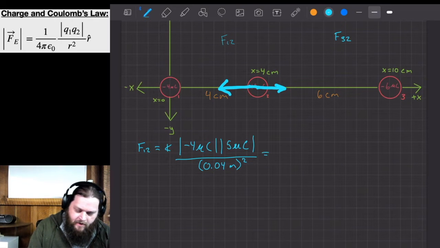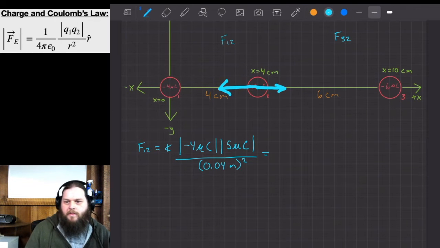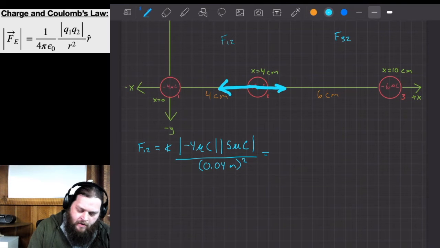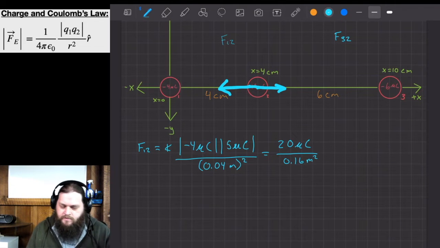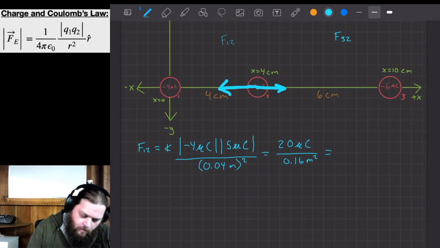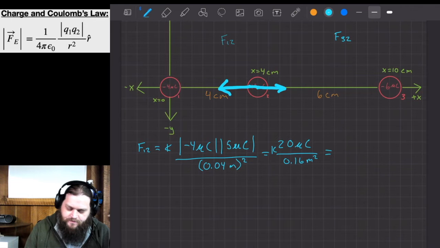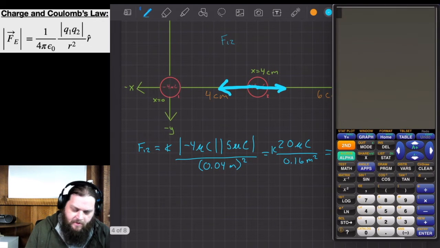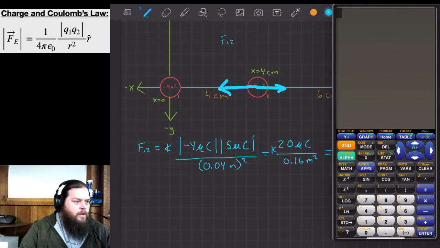If I do the math here, drop the absolute values, make everything positive, and square the bottom, I end up with 20 microcoulombs divided by 0.16 meters squared, times K. Okay, so let's plug that into a calculator real quick, and we can determine what our forces are.